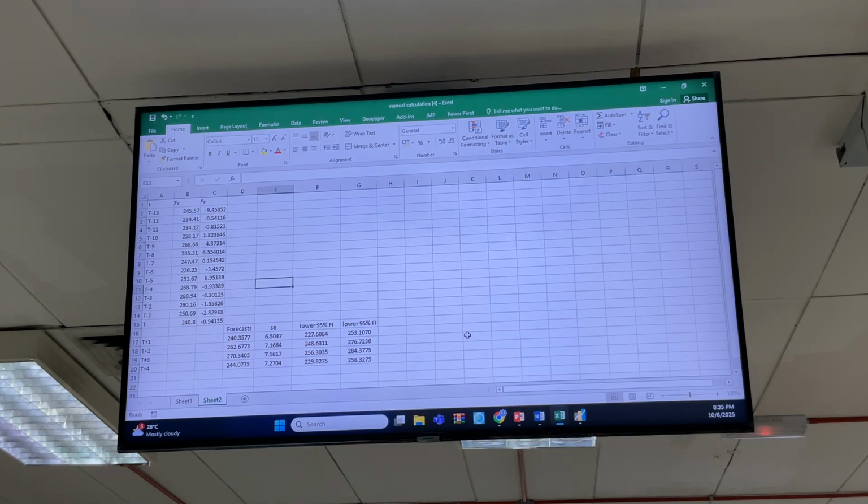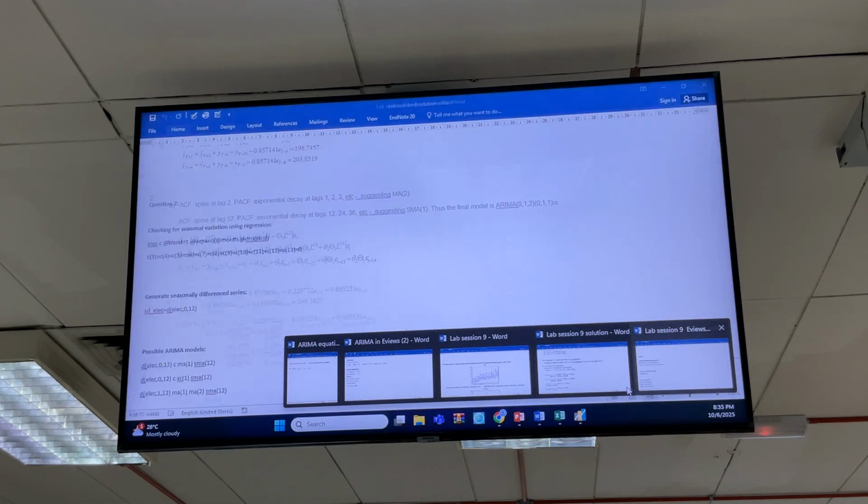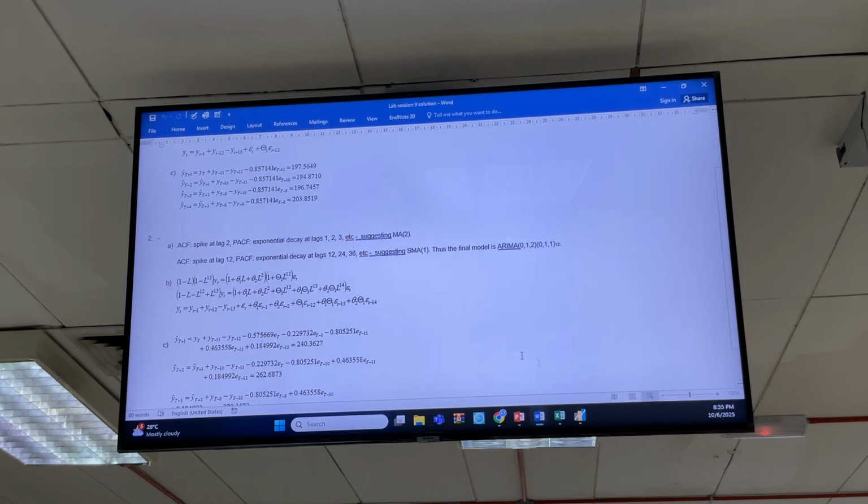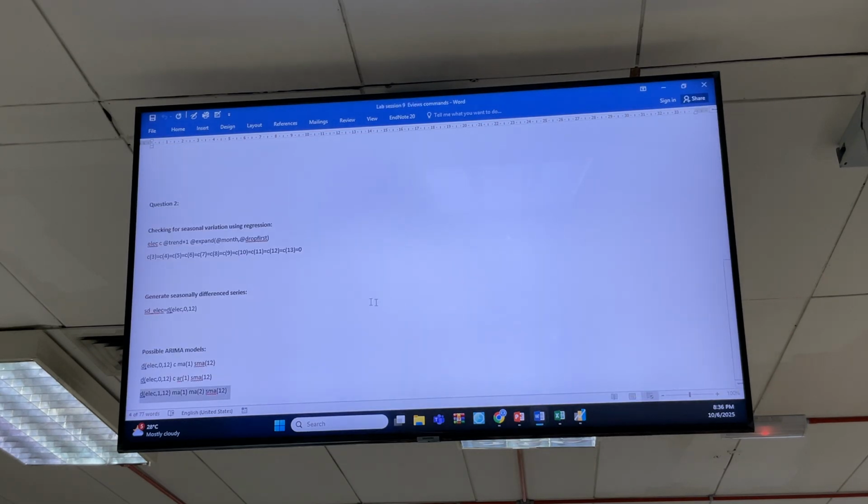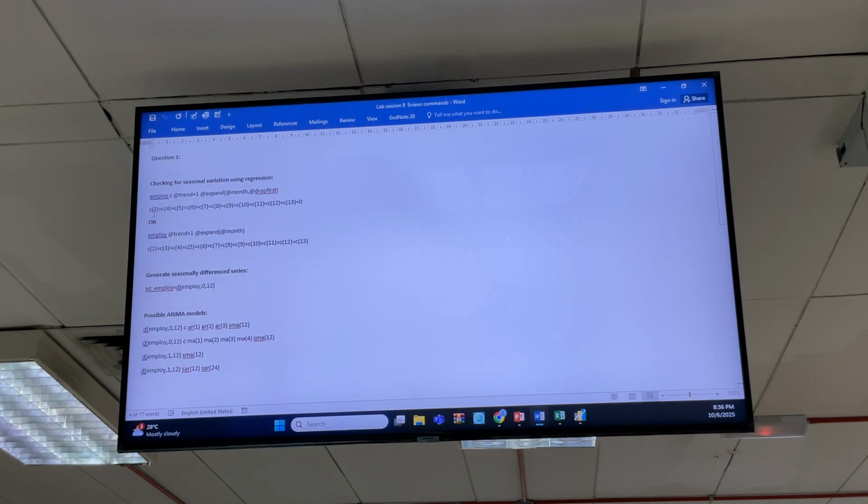Because remember, when we perform the seasonal dummy test using regression, if there is an autocorrelation problem, the result is not that valid. So it is better to fix the problem first and then perform the test. That one we discuss next week.